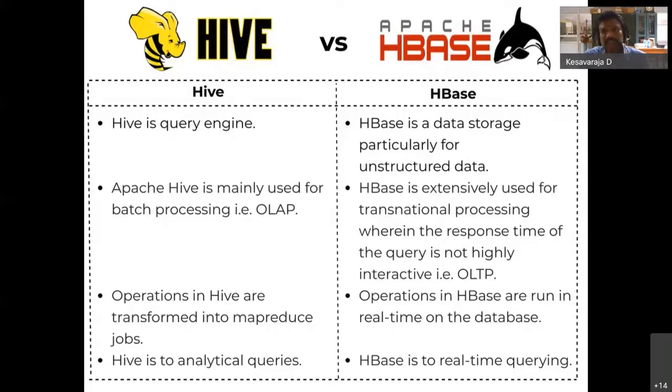Please think about the ecosystem: for HBase there is no need for MapReduce, but Hive operations completely rely on MapReduce. Hive is for analytical queries, but HBase is for real-time querying. This is the small difference between Hive and HBase.